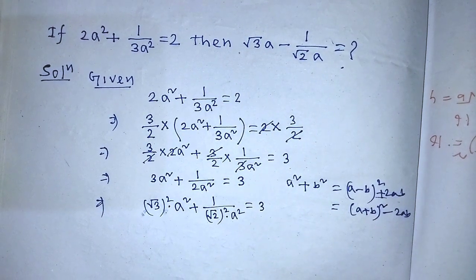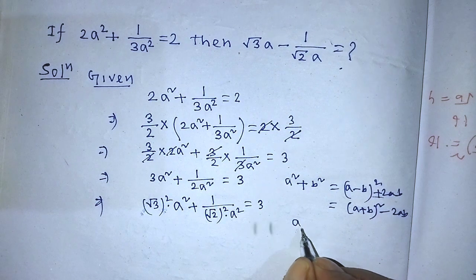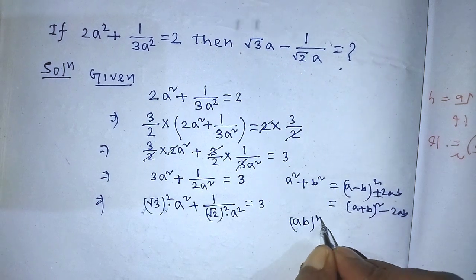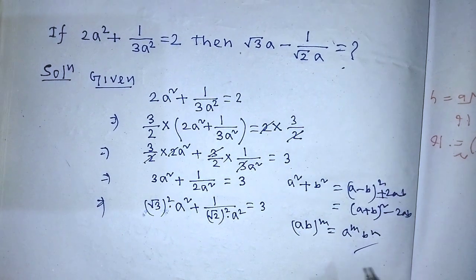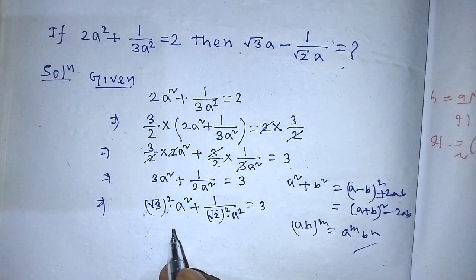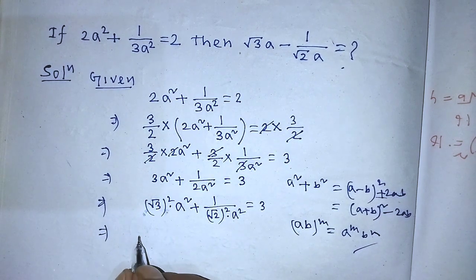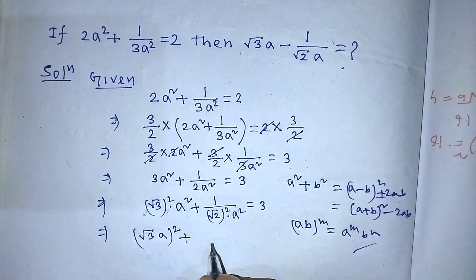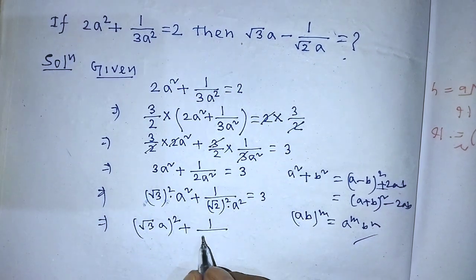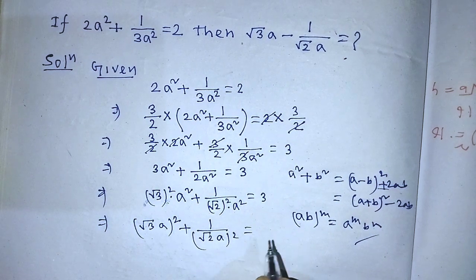So student, to simplify the LHS of this equation, we have to apply the formula (a·b)^m = a^m · b^m. This formula we apply on the left hand side of this equation. So we can write (√3a)² plus, in the second term, (√2a)² is equal to 3.